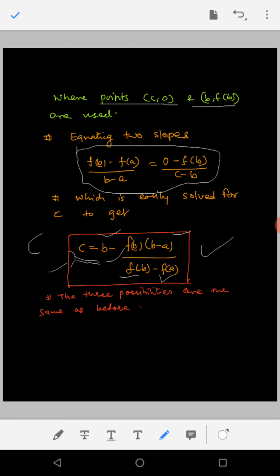Again, if you recall the bisection method, we have three possibilities, as I have already discussed in the geometrical interpretation of this method.